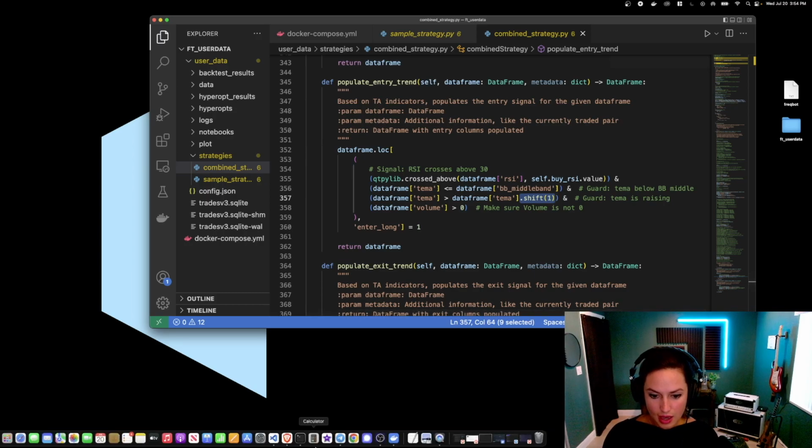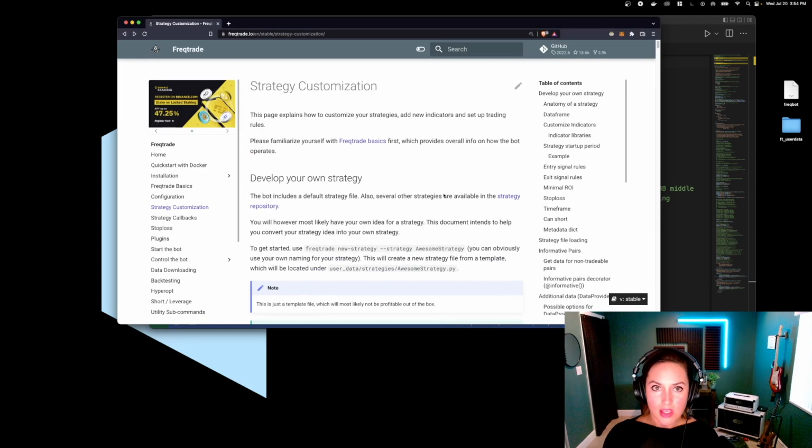On the docs for the Freqtrade project, located at freqtrade.io, click Strategy Customization in the left-hand menu. Under Develop Your Own Strategy, there is a link to the strategy repo for Freqtrade.